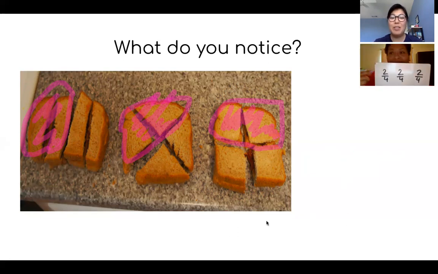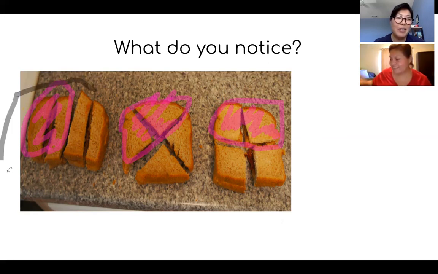Explain to us. I noticed that 2 pieces were left of the 4 from the first sandwich. 2 pieces were left of the 4 from the second sandwich, and 2 pieces of the 4 were left on the third sandwich. I should have just written it once.